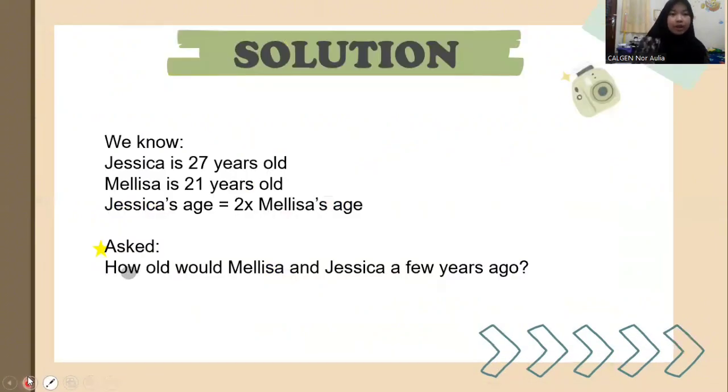So for the solution, first we know Jessica is 27 years old and Melissa is 21 years old. So Jessica's age equals 2 times Melissa's age. The question asks how old Melissa and Jessica were a few years ago.